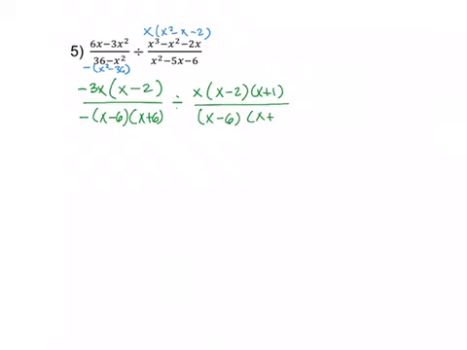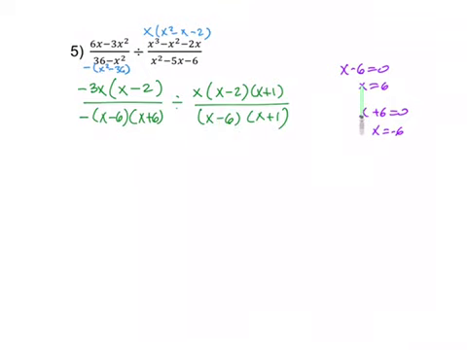In this case, these are two numbers that you multiply to give 6, and you subtract to give 5, so they are 6 and 1. Again, my restrictions: x minus 6 equals 0, so x cannot be 6; x plus 6 equals 0, so x equals negative 6.